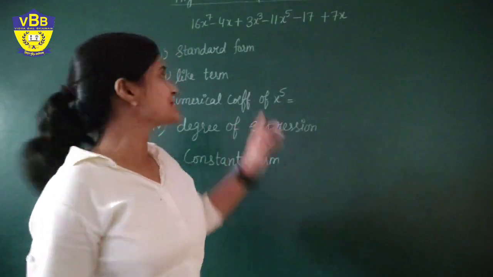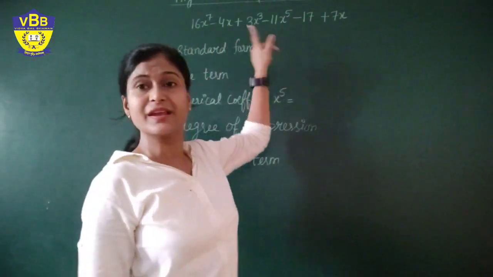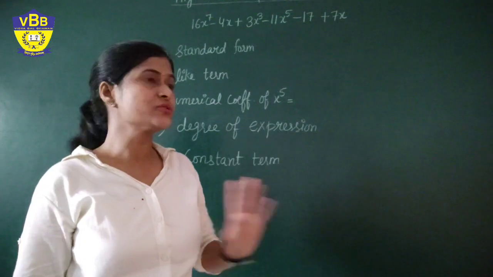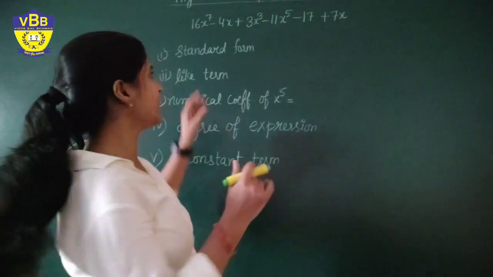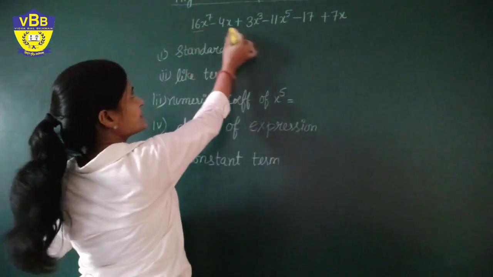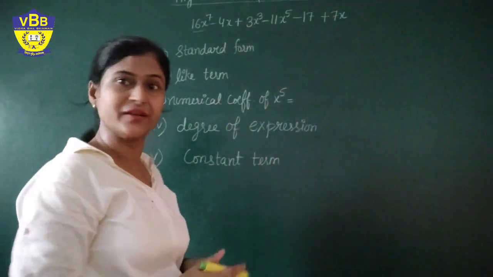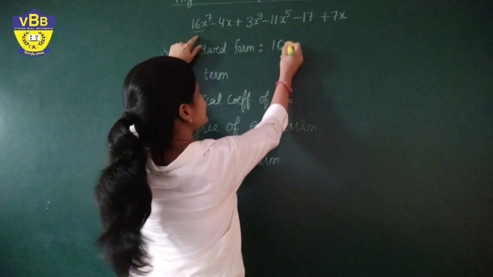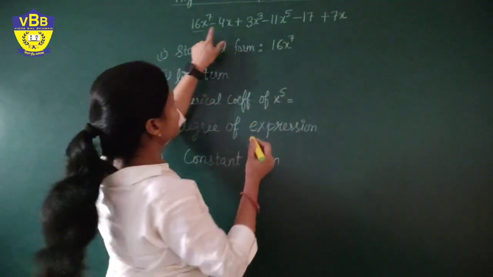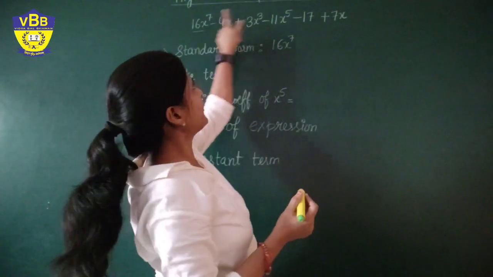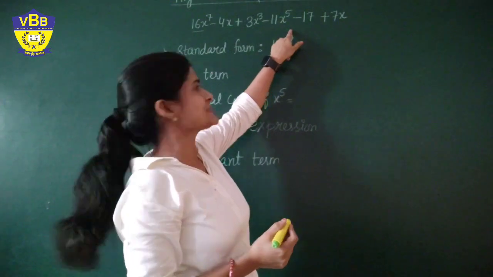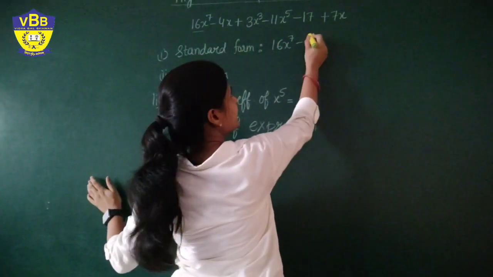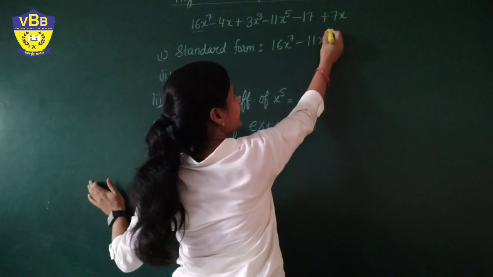So tell me students, is this expression in standard form or not? It is not in standard form. Why? Because the degrees are not in descending order. So we will write the standard form: 16x^7. Now what will be the next descending degree after 7? With its sign we will take 11x^5.